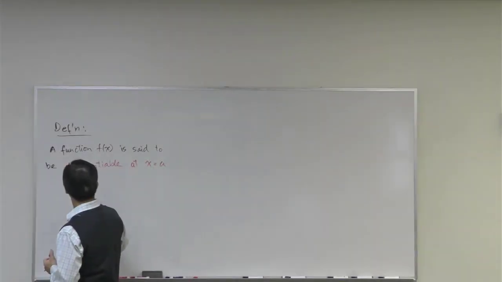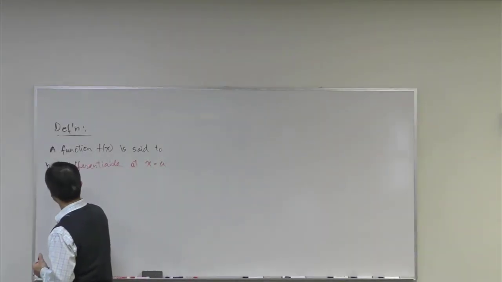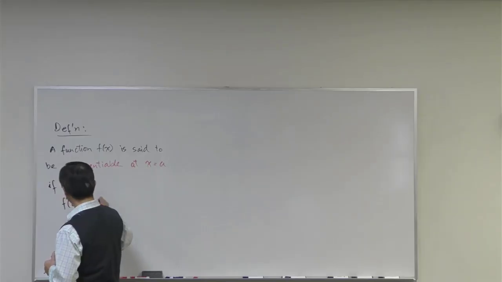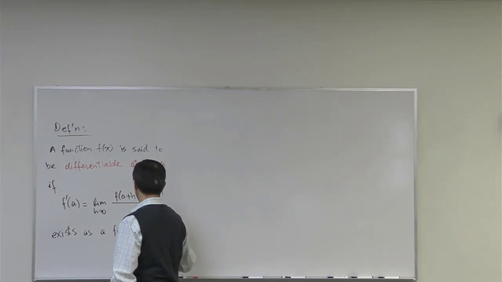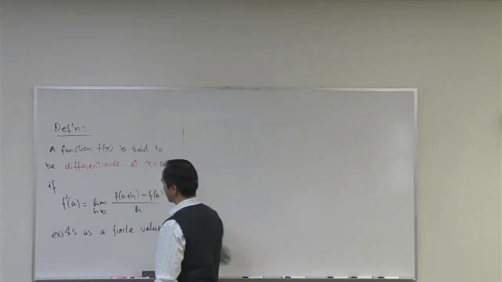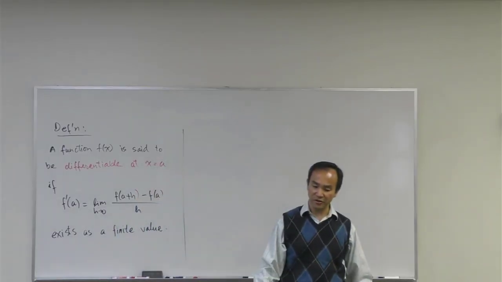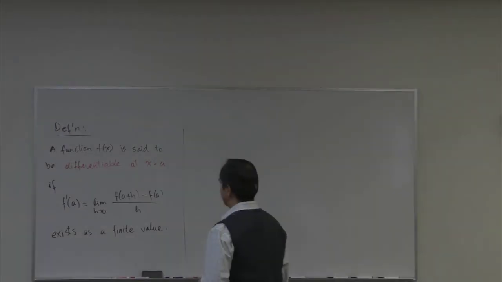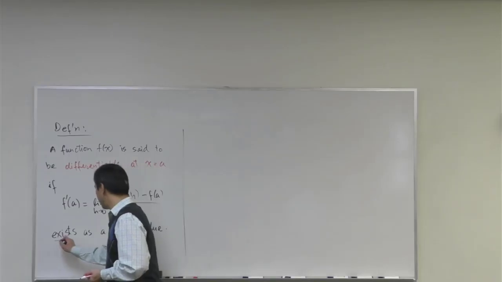So a function f of x is said to be differentiable at x equals a if the derivative f prime of a, defined as the limit, right? So that's the definition for what it means by a function being differentiable. Exists as a finite value is quite important.